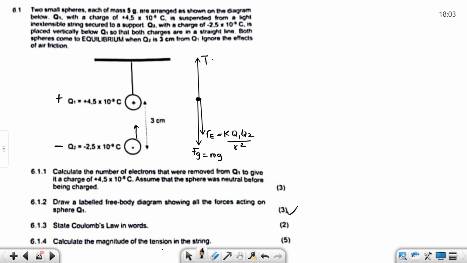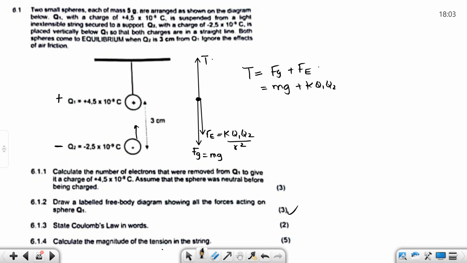So how would you calculate the magnitude of the tension? At equilibrium, the force upward should be equal to the forces acting downwards: Fg plus Fe. That's why the first thing they gave you was mass, 2 spheres each of mass 5 grams, because they know you need it here.